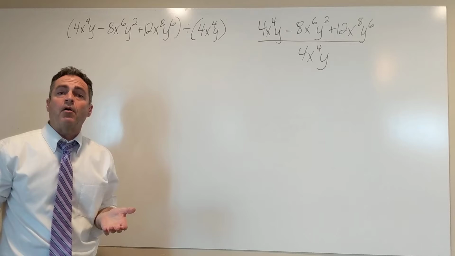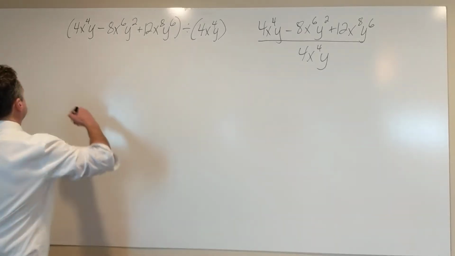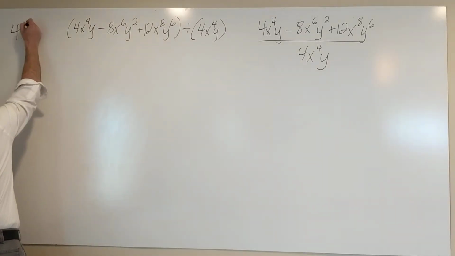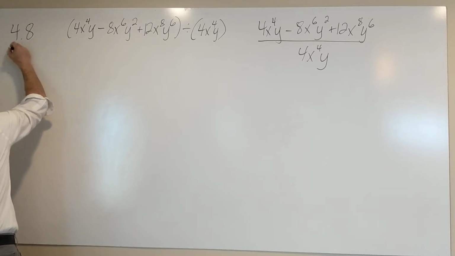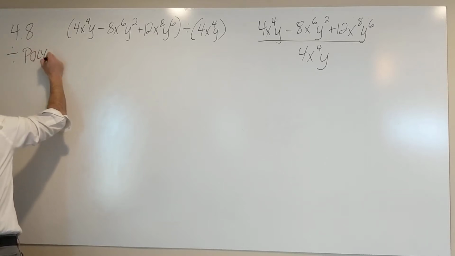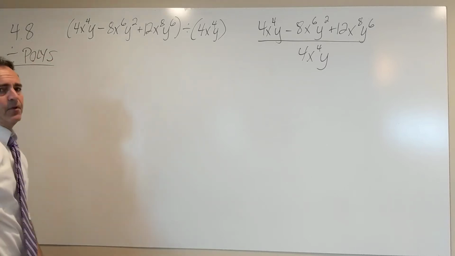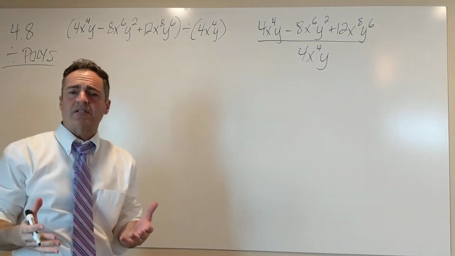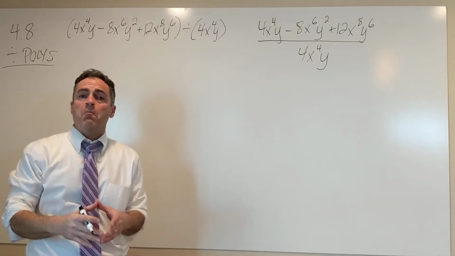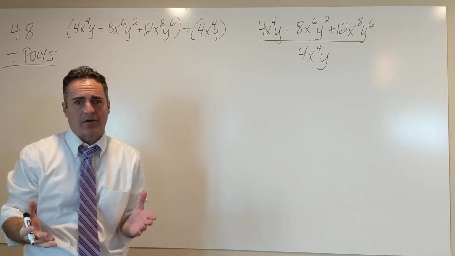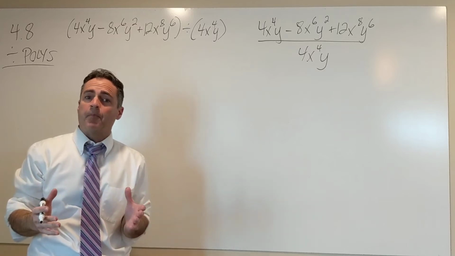We're going to teach you division of polynomials, section 4.8. Can you see over here, Brother David? Yes, I can. Okay, so 4.8. We're talking about division of polys. First thing I want you to understand is we just got done teaching you last week multiplication of polynomials.